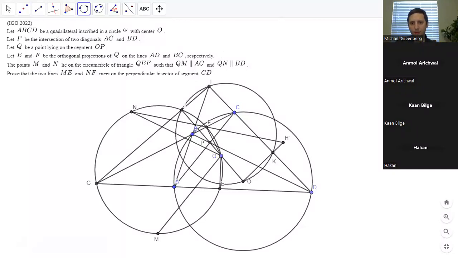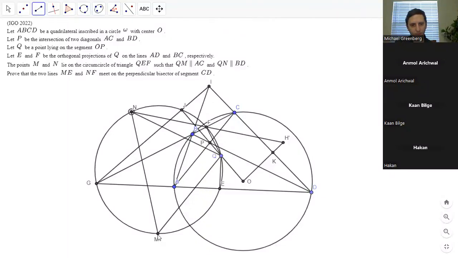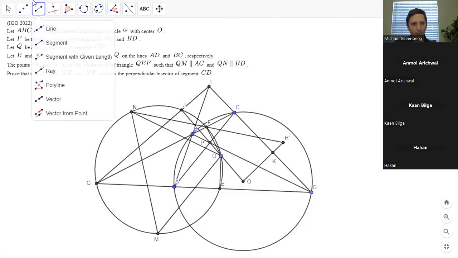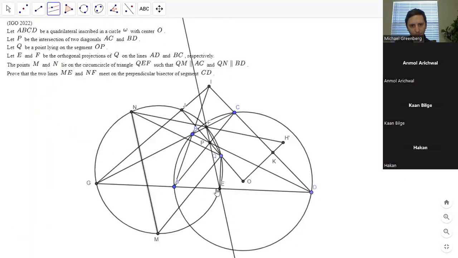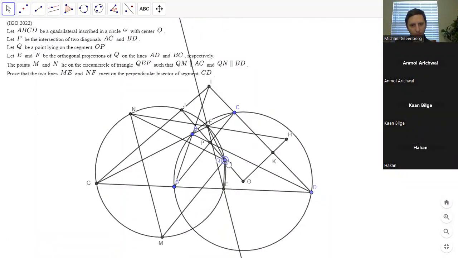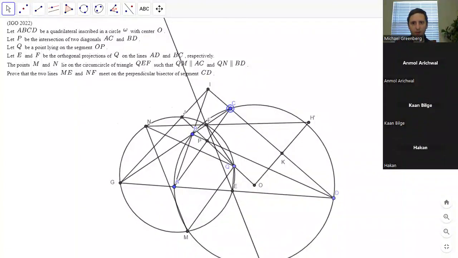This MFEN is isosceles. Let's check. Could be true because of all those parallels. I wouldn't be surprised. It certainly looks true. Let's see. Yeah, it is.